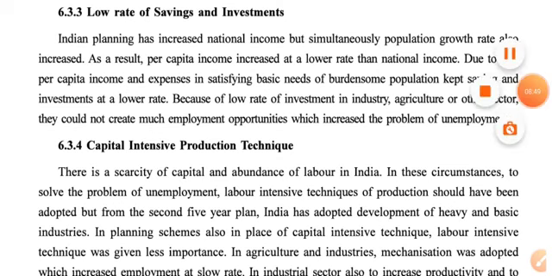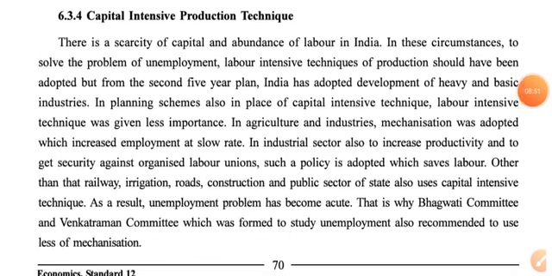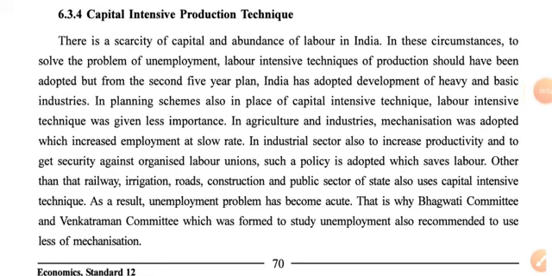Point number 4, that is capital intensive production techniques. There is a scarcity of capital and abundance of labor in India. In these circumstances, to solve the problem of unemployment, labor intensive techniques of production should have been adopted, but from the second five-year plan, India has adopted development of heavy and basic industries.